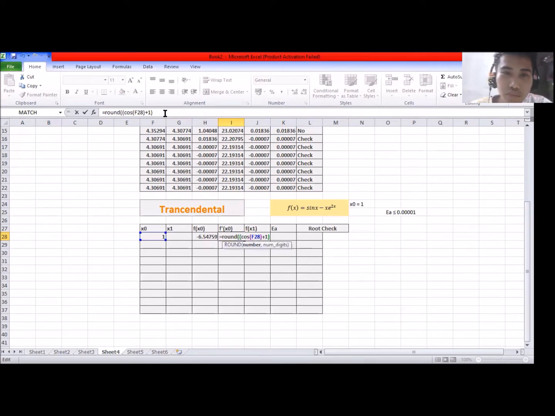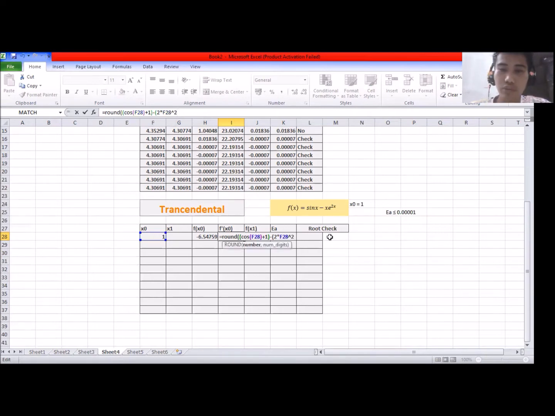Then the minus. Then the derivative of e raised to 2x, we have 2 multiplied by e to the 2x. Why? Because when the derivative is of an exponential, we need to bring down the exponent itself.